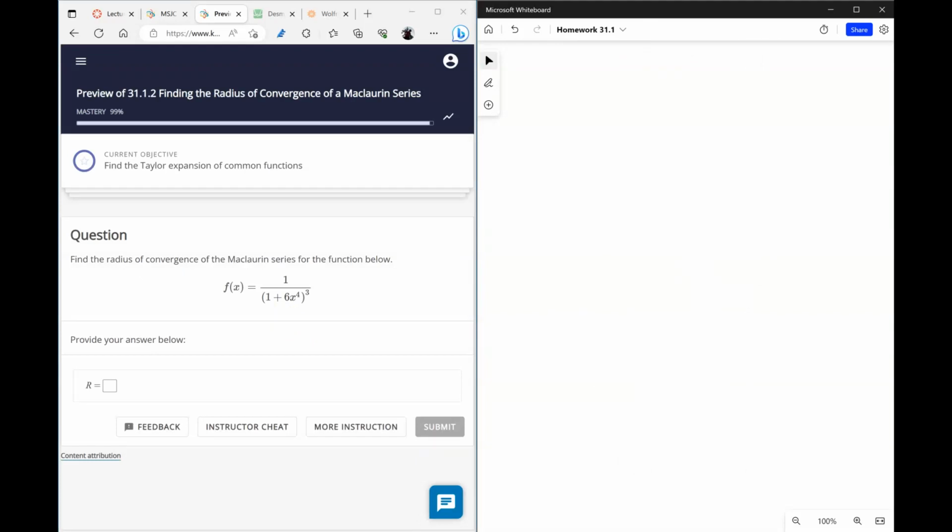And the last problem, hopefully, if we get it right, can be expressed like this.